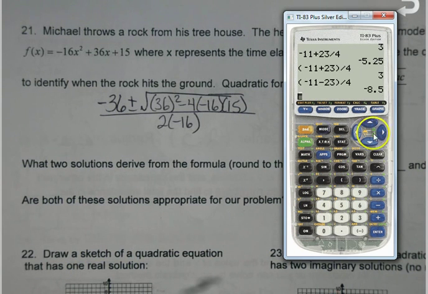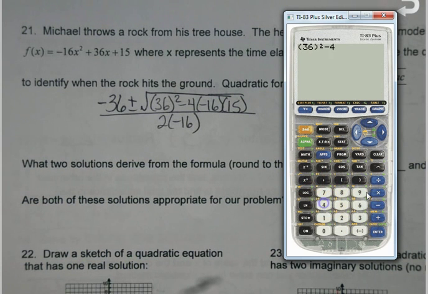Now that is a pile right there of stuff. So let's see here. 36 squared minus 4 times negative 16 times 15. 2256. Square root 2256.